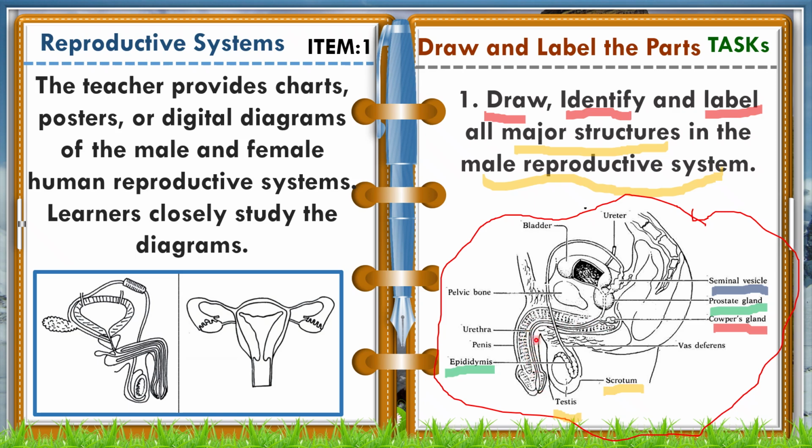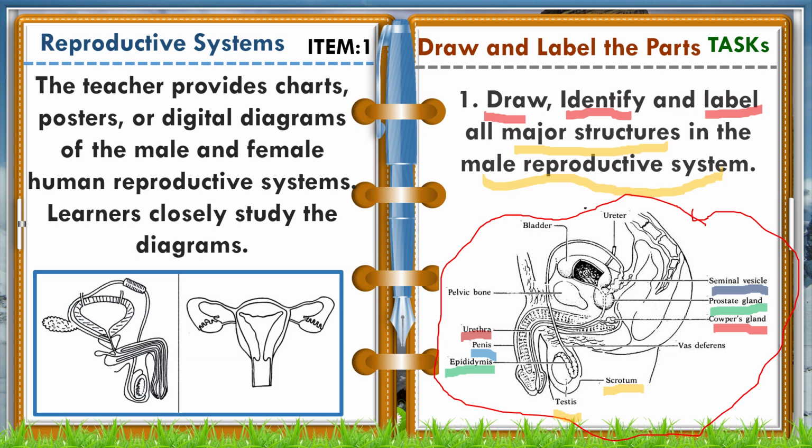That tube is what we call the urethra. Then from the urethra, we enter into the organ, and this organ is what we refer to as the penis. So those are the major structures in the male reproductive system.